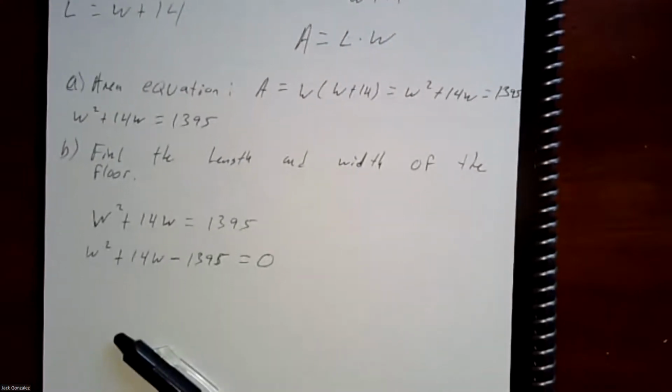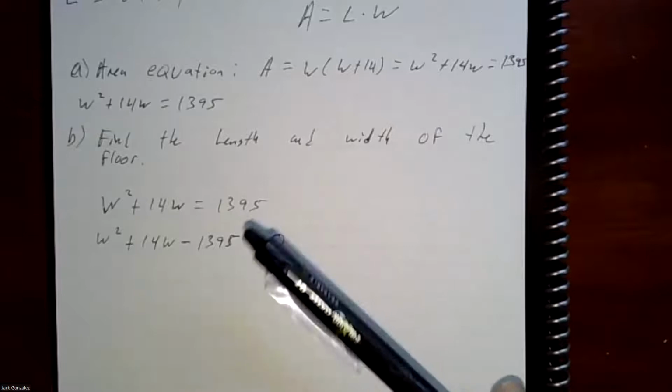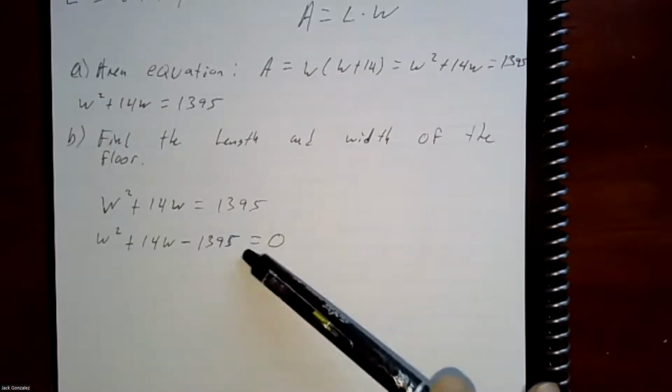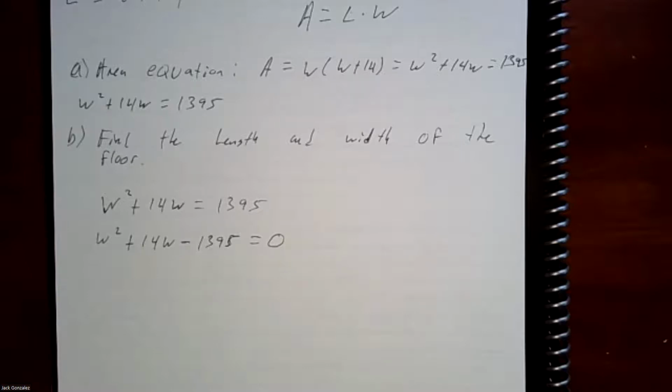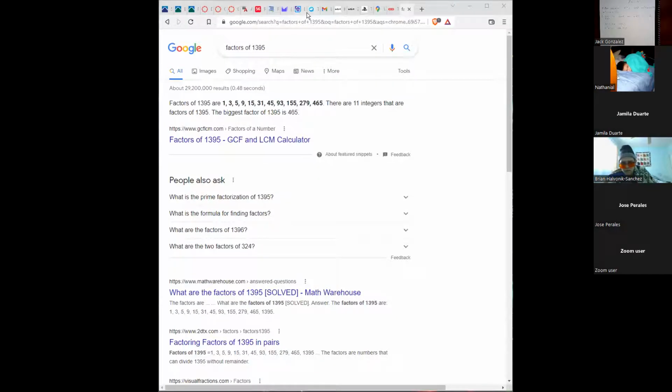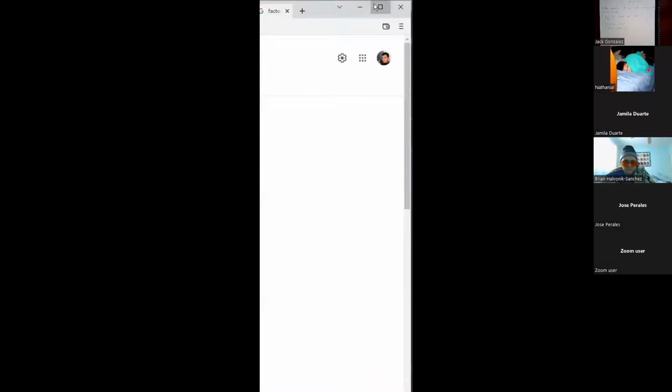So at this point, it's up to you what you want to do. When you're solving this on your own, you can decide, I'm just going to do the quadratic formula because this number is too big. Or you can try dividing and see if there are some factors that add up to 14. Doesn't matter to me. What I would do, just to save time, is ask what are all the factors of 1395?